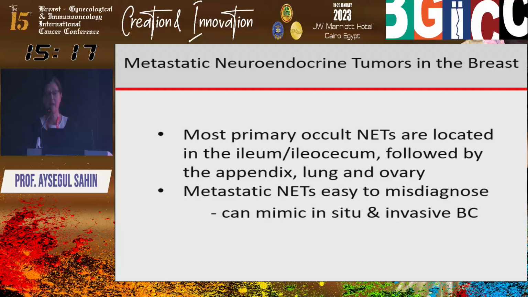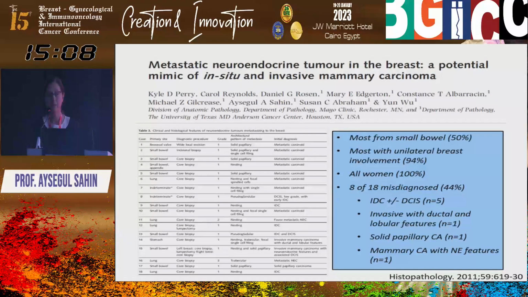So these misdiagnoses can occur, and metastatic neuroendocrine tumors are one of those lesions. And this is our series that we published, and most of the lesions that metastasized to the breast were from the small bowel. And in the 18 cases we reported in this study, 8 of them, 44%, were initially misdiagnosed.